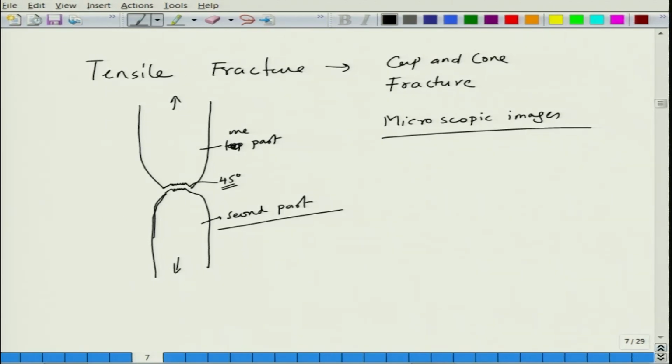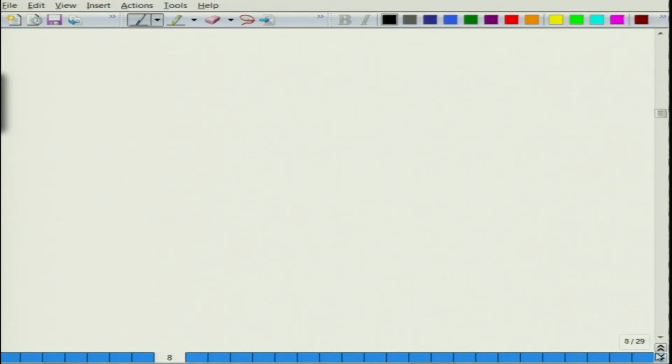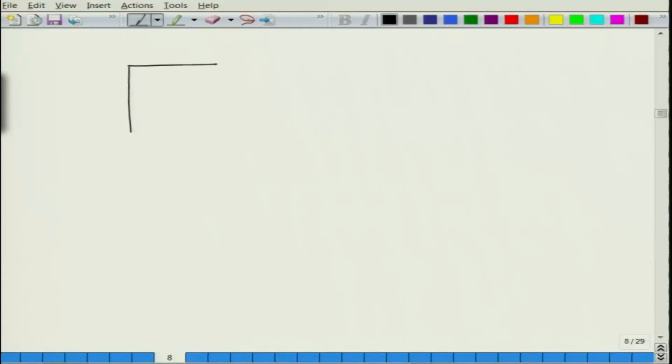Now let us ask a question. We see that when you deform the material, there is an elongation, there is increase in stress and so forth, and there is a change in shape. So if you start from this shape, let us say, and if you apply stresses, it may deform in this fashion, something like this.